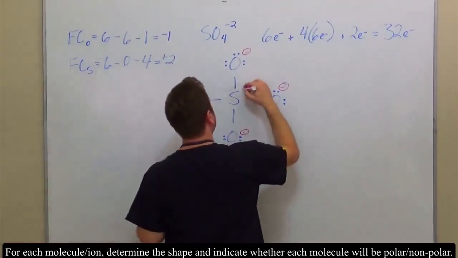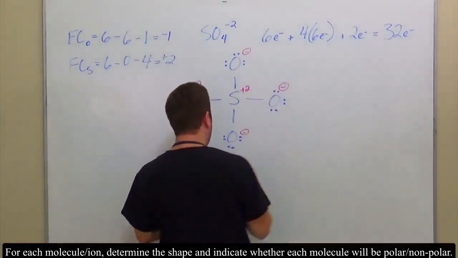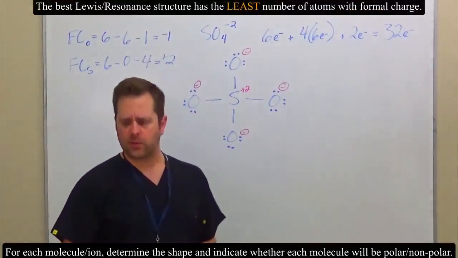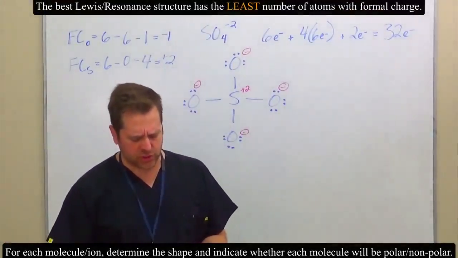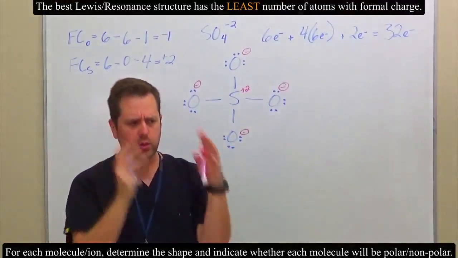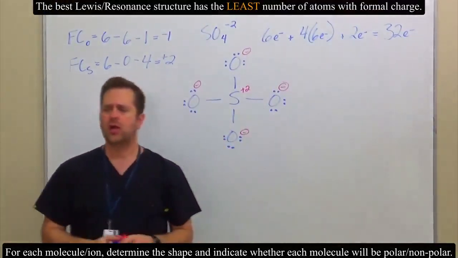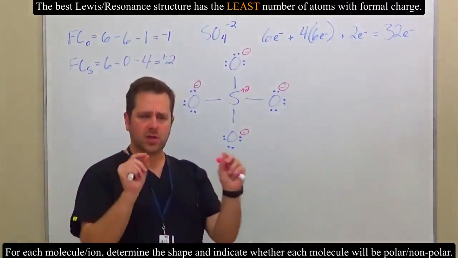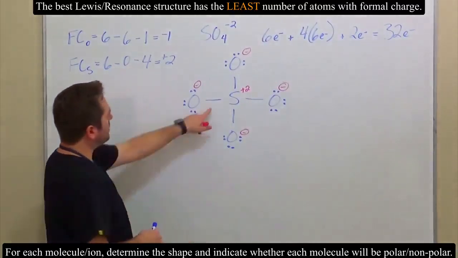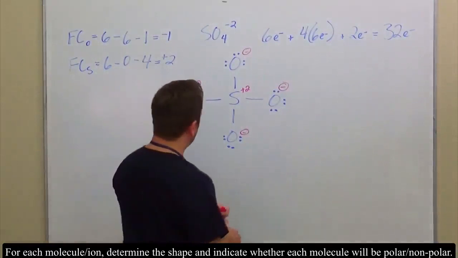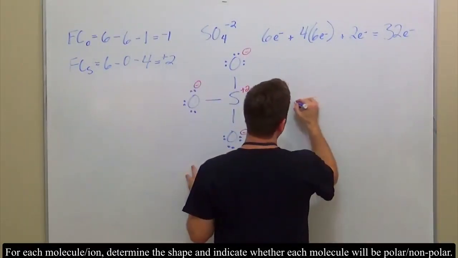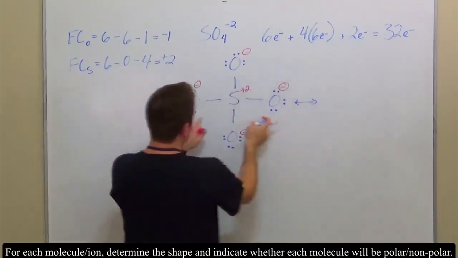Again, if you think about it, go back to that guideline about the structures. We want the Lewis structure, or the molecular structure, that has the least number of formal charges of all its atomic constituents. So let's see, what's a possible resonance structure of this molecule? Well, one thing that could happen is we could actually have double bonds.